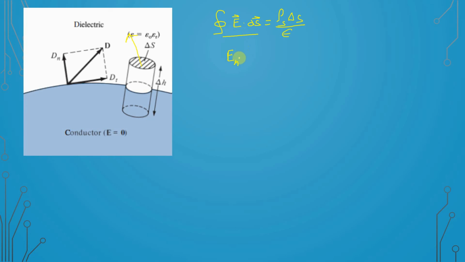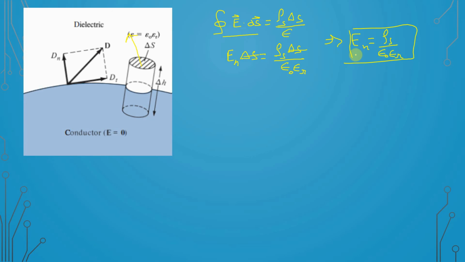So En delta s is equal to rho s delta s by epsilon. Epsilon here is epsilon naught epsilon r, so delta s will cancel out. So En is equal to rho s by epsilon naught epsilon r. So this is the normal component.